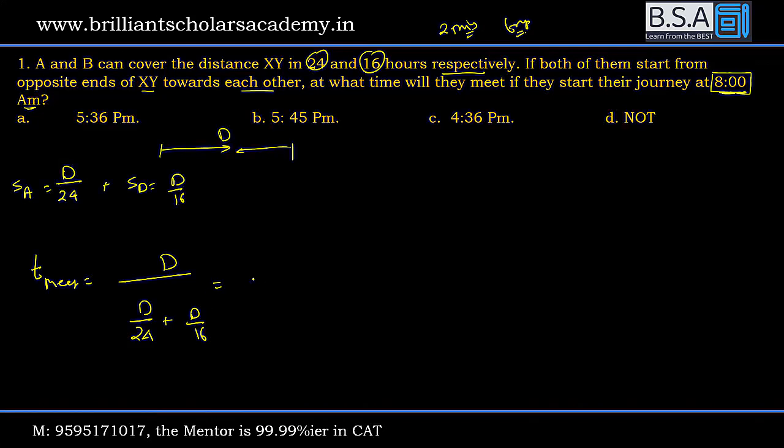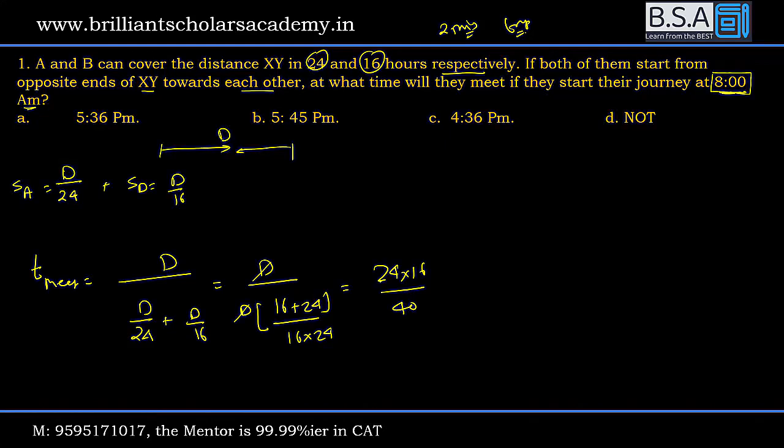I can rearrange this. I can take this d common. This is 16 plus 24 upon 16 into 24. It goes above, 24 into 16 upon 40. D will get cancelled. That is the time.